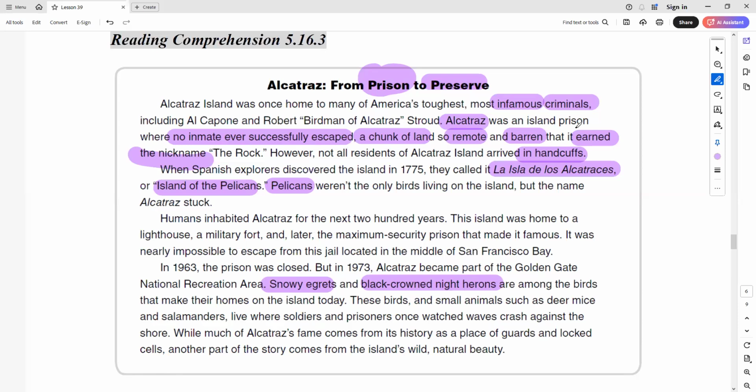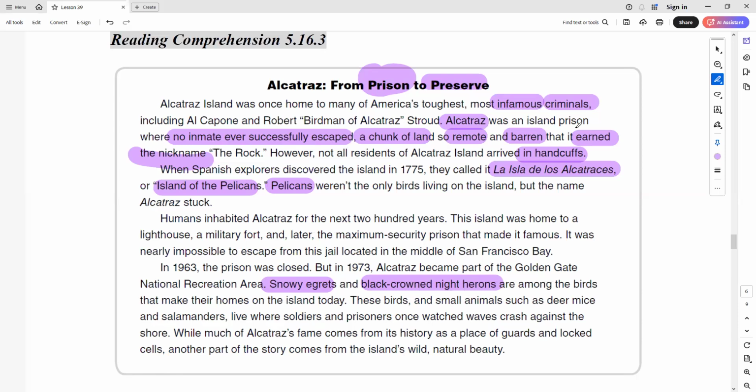Okay, just remember the name National Recreation Area. A national leisure area, the Golden Gate National Recreation Area. OK, then this introduces different bird species. Snowy egrets and black-crowned night herons are among the birds that make their homes on the island today.